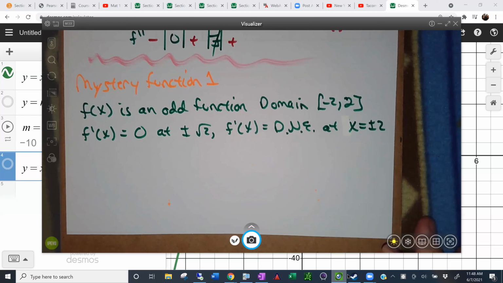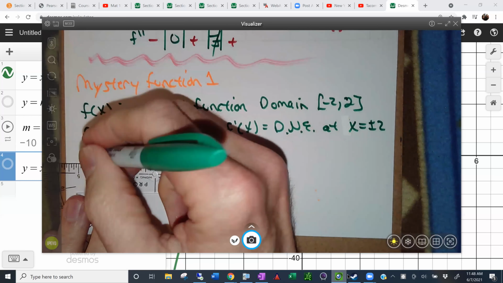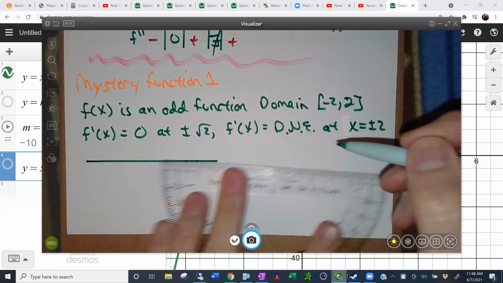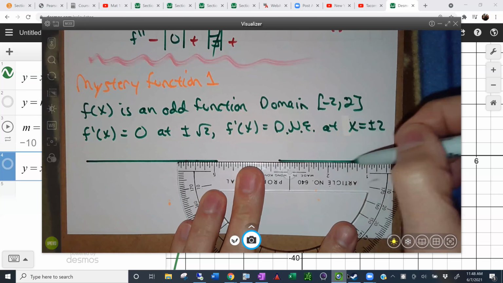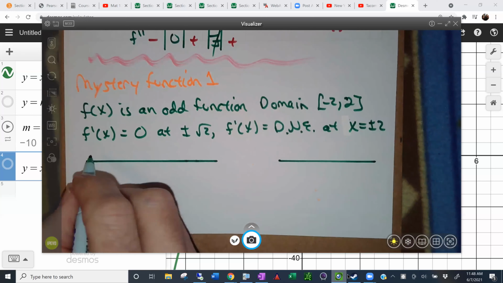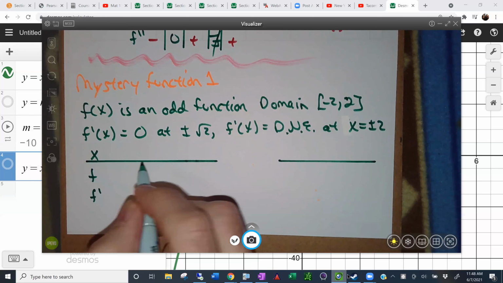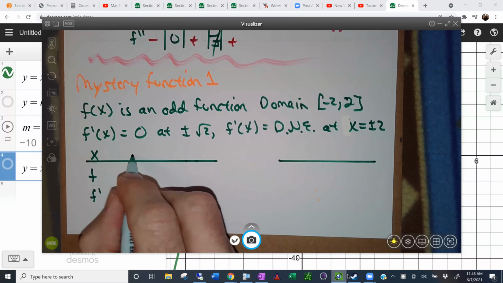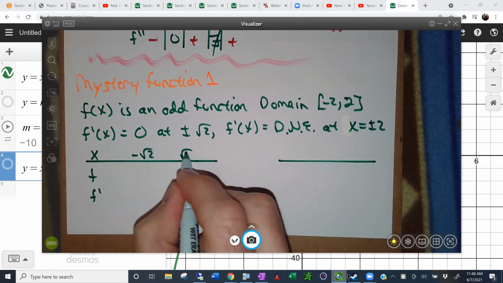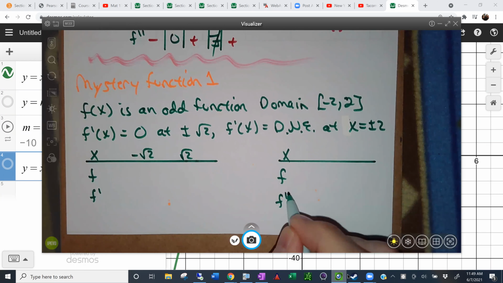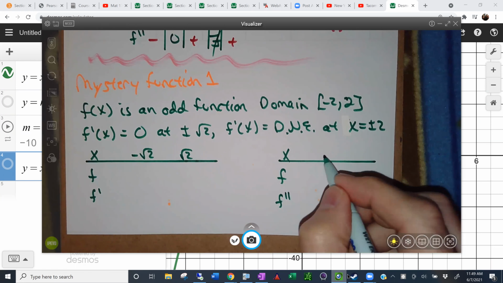And then I can give you a little bit more information here. Some of my little tables, and see if you can't fill in some things here. X, F, F prime, and -√2, √2, X, F, F double prime, and 0.